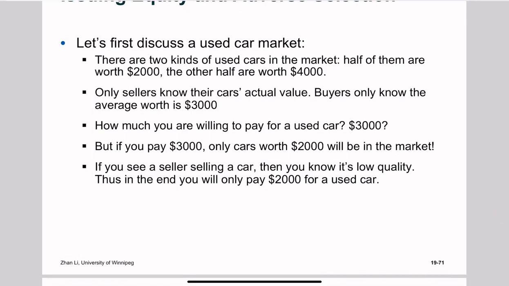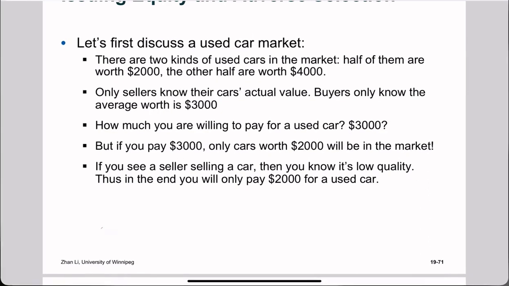We will use this example to understand adverse selection. This is a really important concept in economics, and if you learn more advanced microeconomics, then you will definitely learn about this.